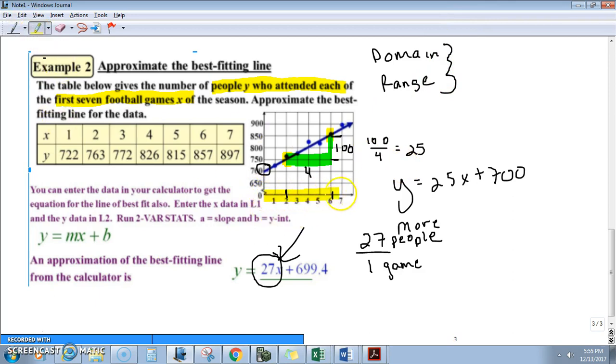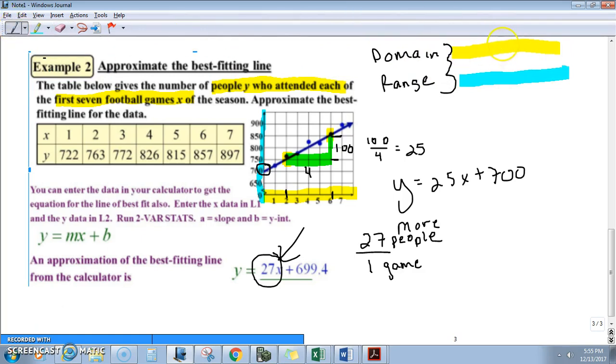So domain, let's do domain in yellow, and we'll do range, let's say, our y's are the blues. So the number of games is going to be our domain. We'll write our domain in yellow up here, and we'll do our range in blue here.